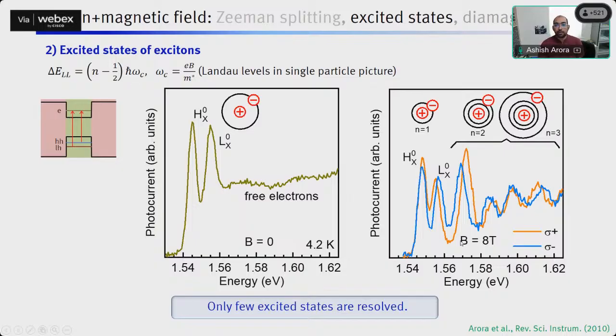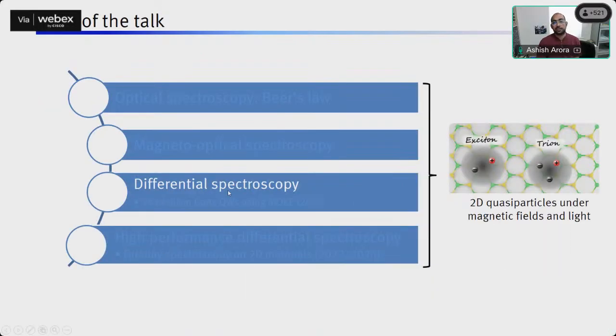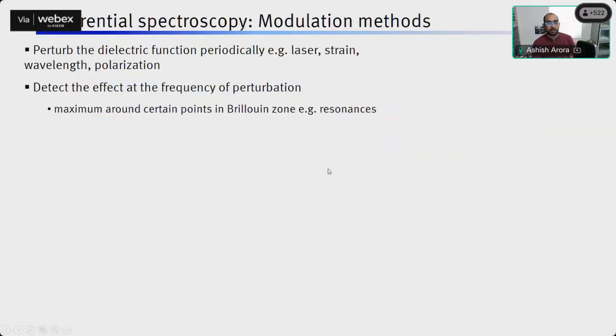If I am able to improve the signal to noise ratio of my technique, meaning if I am able to see this signature and weaker signatures with better precision, because here the noise level is this, if I improve this noise level by a factor of 1000, I should be able to see many, many weak signatures as well. And there are methods in experimental physics called modulation spectroscopy methods or differential spectroscopy methods, which let us see these very weak signatures in the spectra.